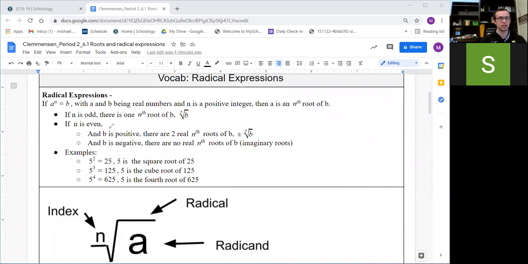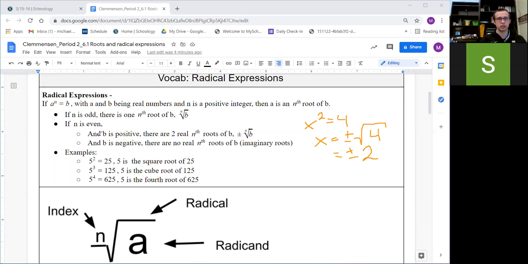Like with this, n is even. So what this says down here, just like we've talked about before, is if we had something like x squared equals 4, the solution to this equation, x would equal, just like this says right here, plus or minus the square root of 4, which is, just like we know, plus or minus 2.